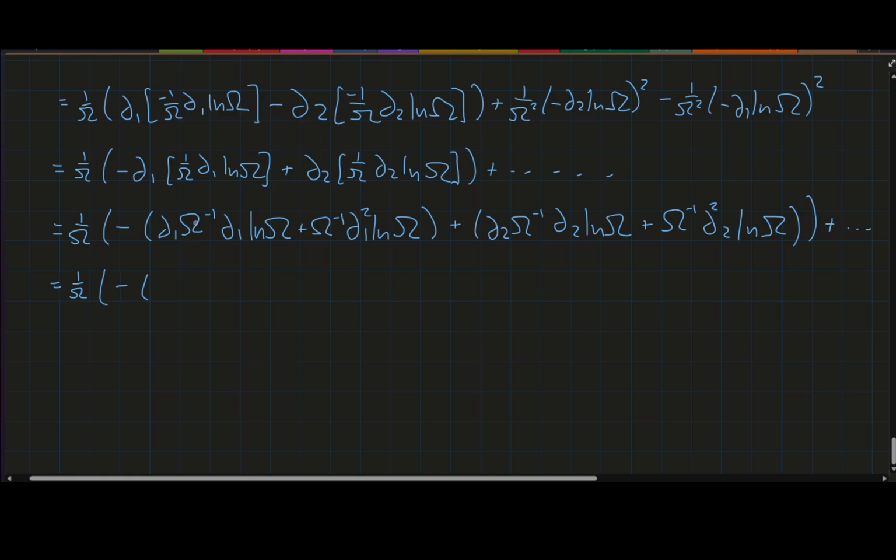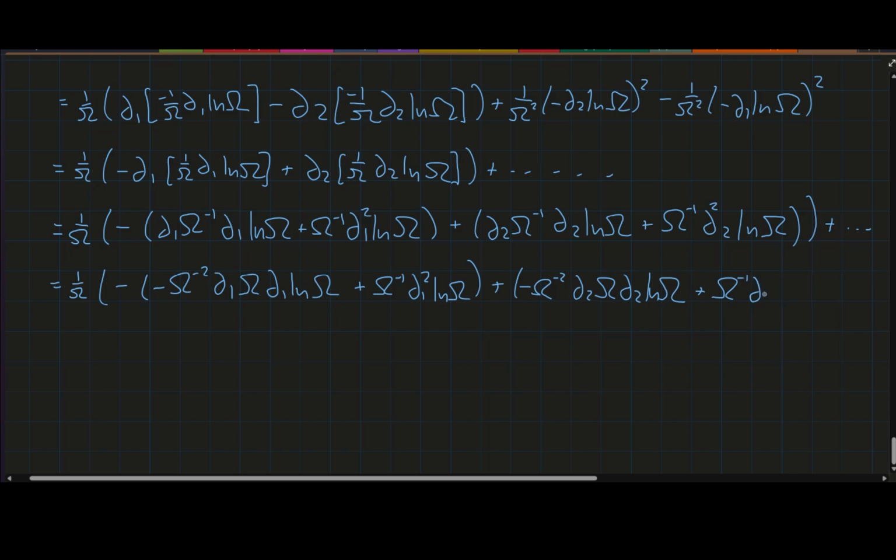Now, the derivative of this is going to be minus omega to the minus 2 times del 1 omega del 1 ln omega plus omega to the minus 1 del 1 squared ln omega, plus, so same thing here, minus omega to the minus 2 del 2 omega del 2 ln omega plus omega to the minus 1 del 2 squared ln omega.